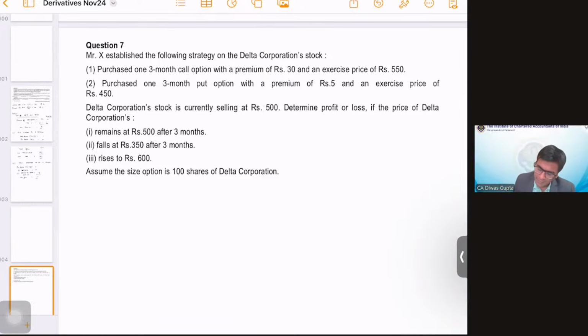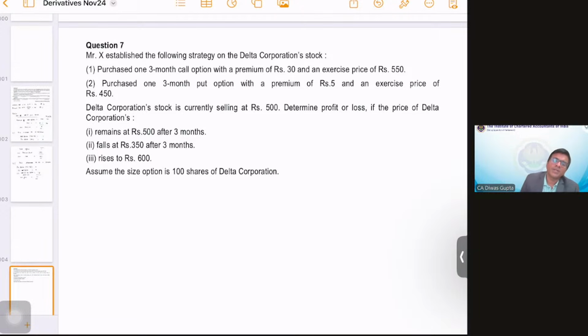Mr. X established the following strategy on Delta Corporation's stock. Purchased a 3-month call option with a premium of 30 and an exercise price of 550. Purchased one 3-month put option with a premium of rupees 5 and an exercise price of rupees 450.